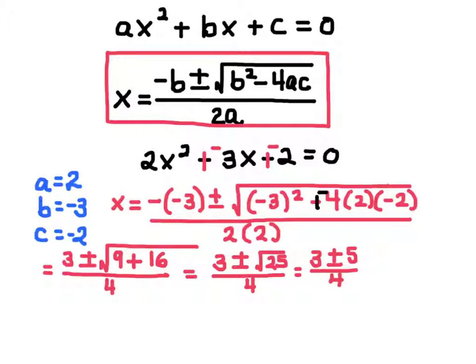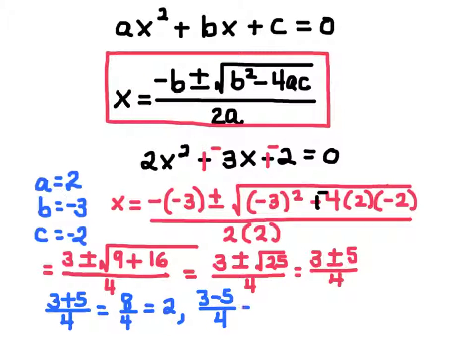We can either have 3 plus 5 over 4 or 3 minus 5 over 4. 3 plus 5 over 4 is 8 over 4, which is 2. 3 minus 5 over 4 is negative 2 over 4, which is negative 1/2.